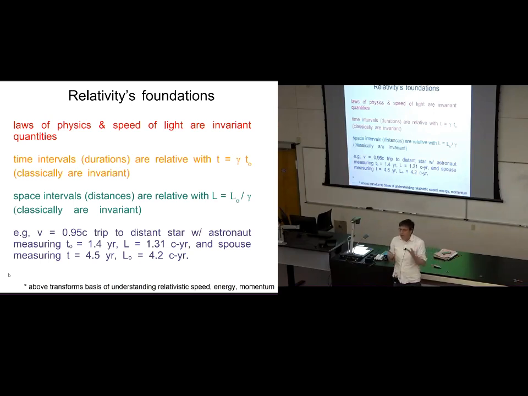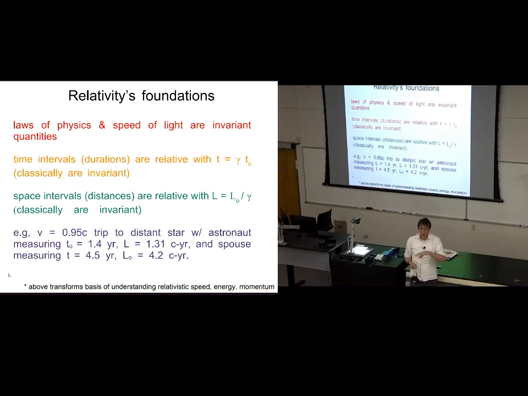Because relativity is so strange, so counterintuitive, I just wanted to remind us of the major points from last class, because they really are the building blocks of today's class. We started last class with the foundations of relativity, the ideas behind relativity, and there were two of them.